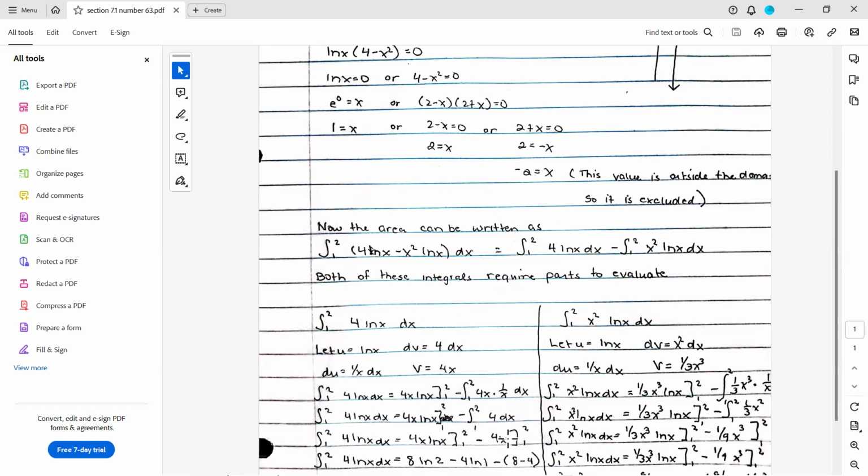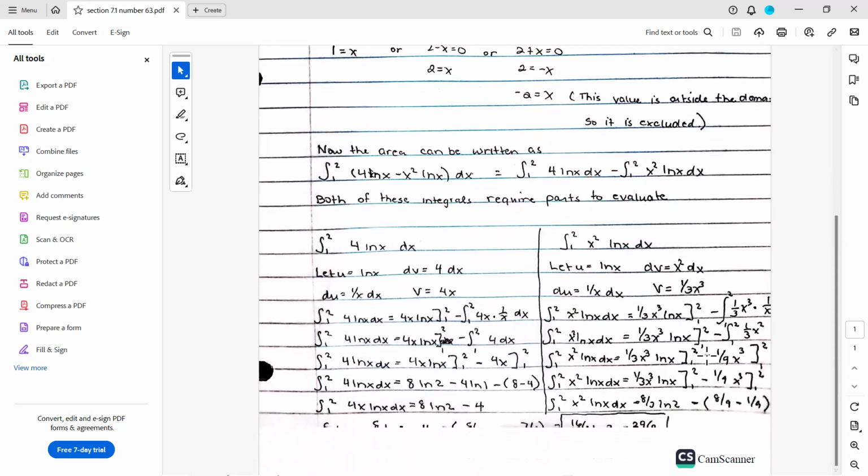I'm going to leave that for now and come over to my other integral, because remember I had the integral from 1 to 2 of x squared natural log x. Very similar. We have u is natural log x, dv is x squared dx, du is 1 over x dx.